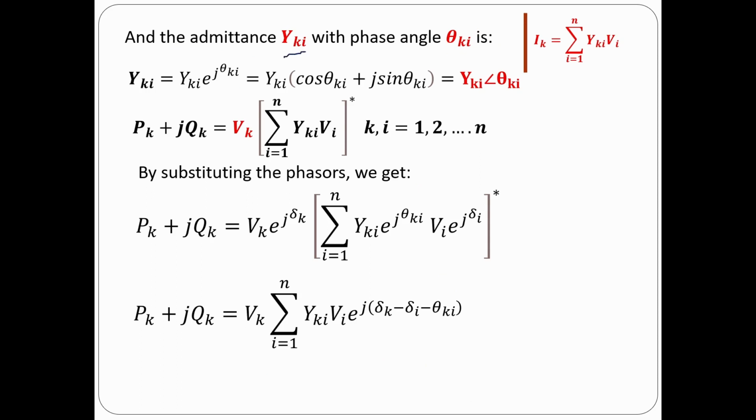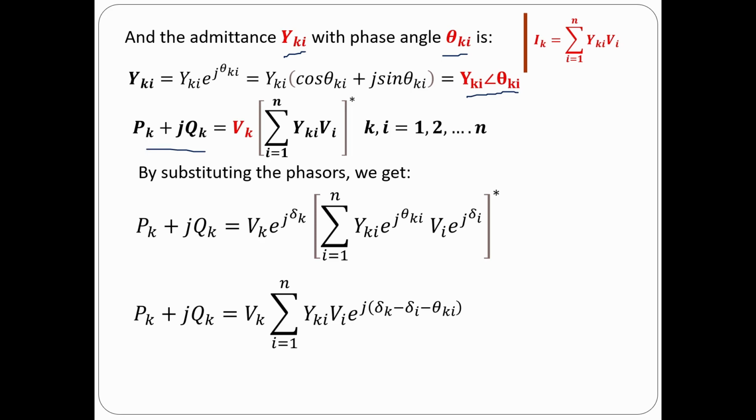So the phasor is Yki with angle theta ki. So from this equation, we will substitute the phasors of bus voltages Vk and Vi and also the phasor of the admittance of the line.